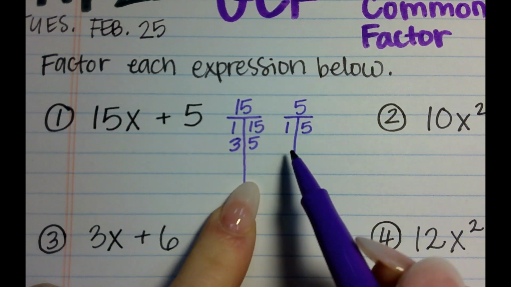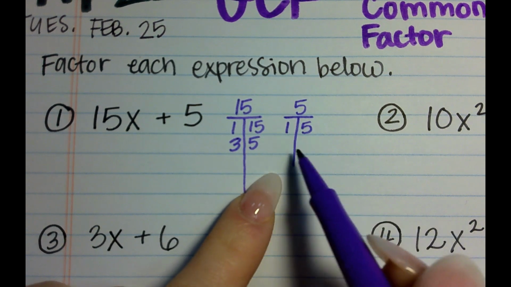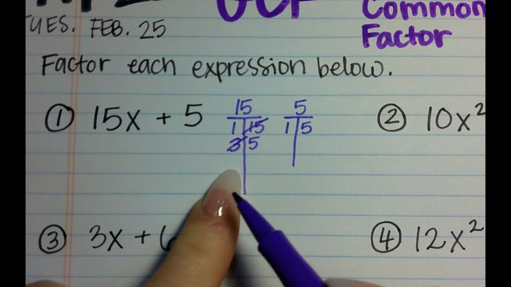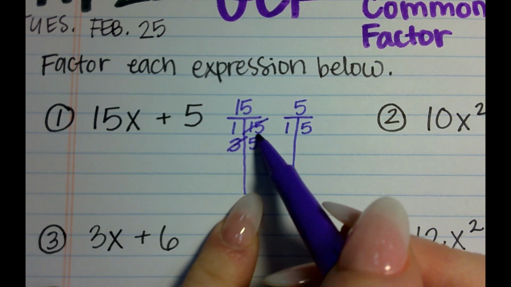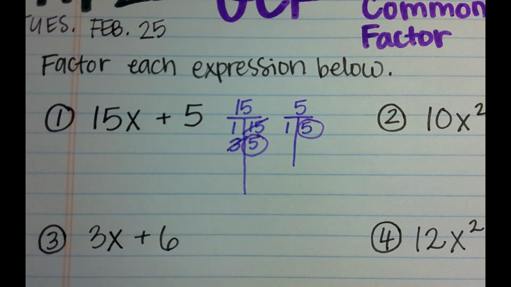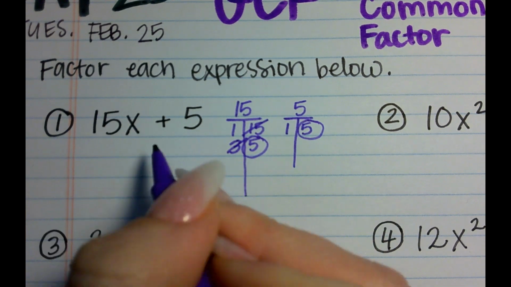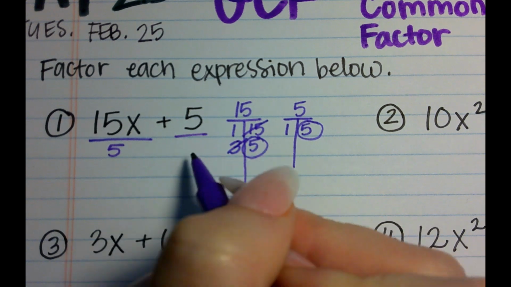Well, 15 is the biggest number here, but that's not under 5 also. So it won't be 15, won't be 3. There's no 3 over here. Now all we have left is 1 and 5, and 5 is bigger. So we put that up underneath the 15 and the 5. That means we're going to divide both of these terms by 5.